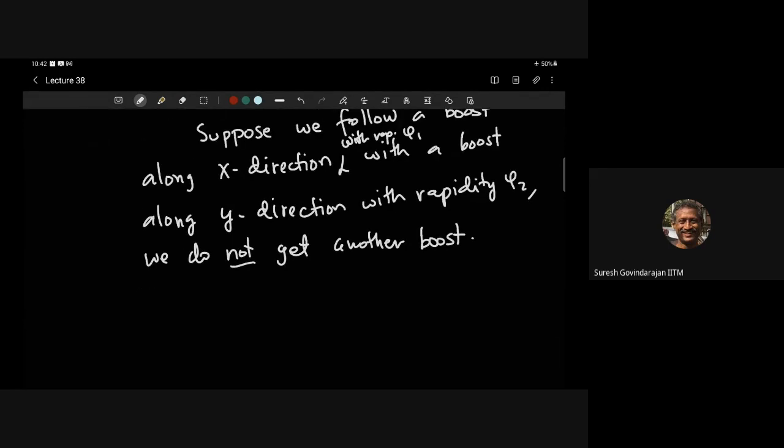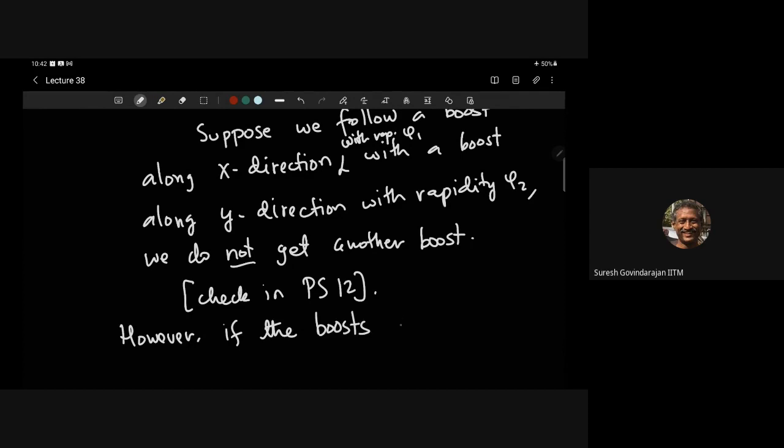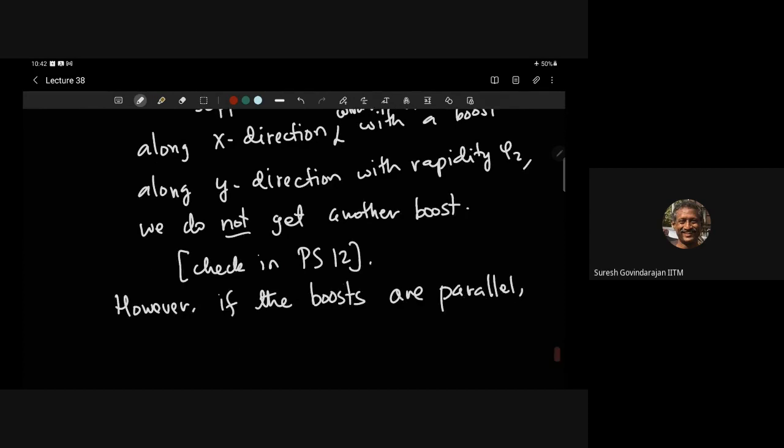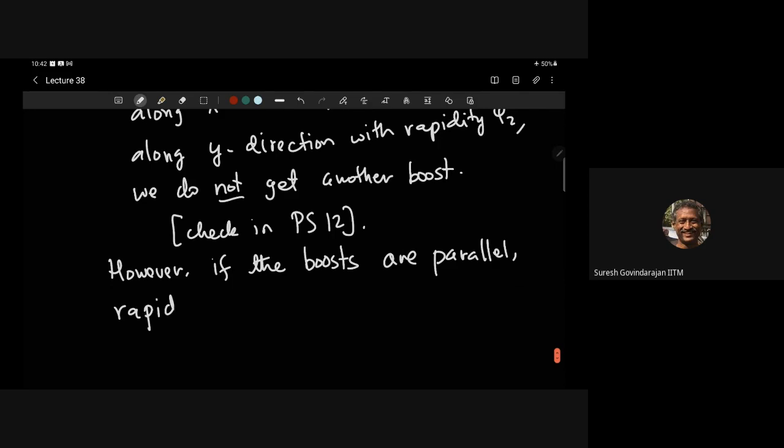You can check this in PS2. However, if the boosts are parallel, it is rapidity that adds, and not velocity.